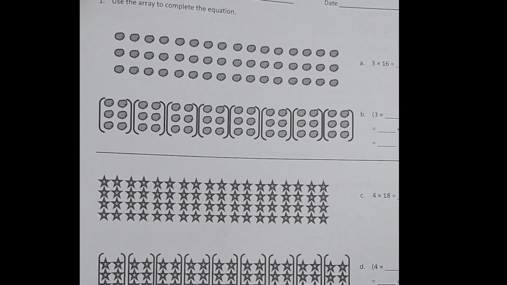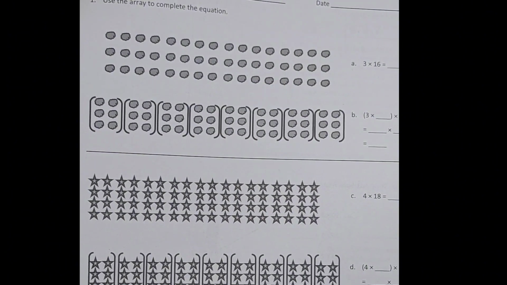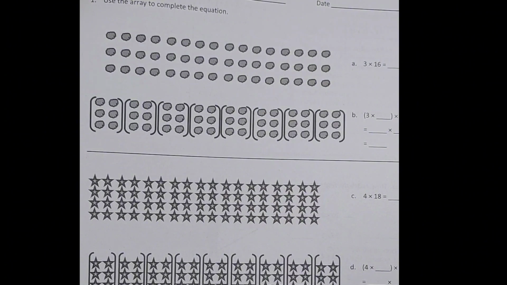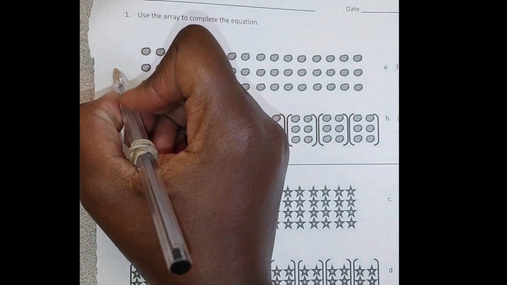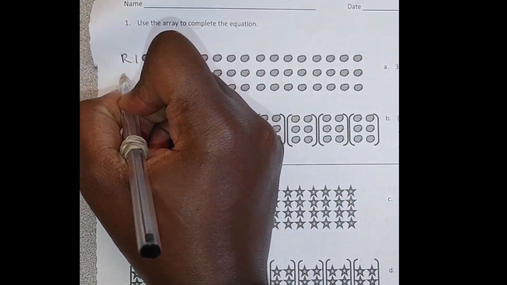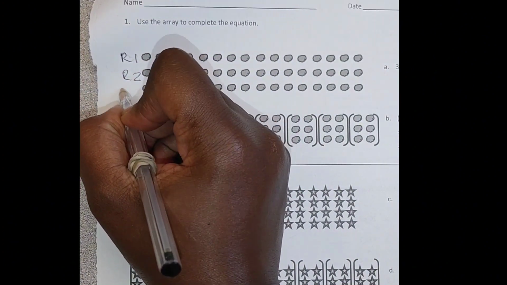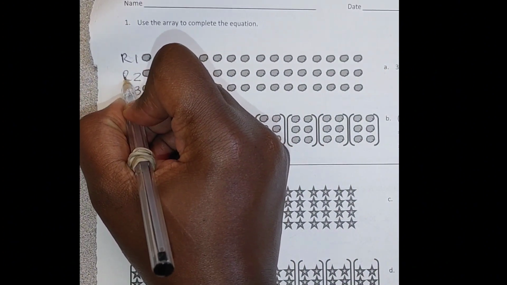All right, so for number 1, it says use the array to complete the equation. First things first, anytime you see an array, and I tell my students you should always label it. If it's on a computer, you need to at least write down the equation that represents the array. So we label our rows, row 1, row 2, row 3.